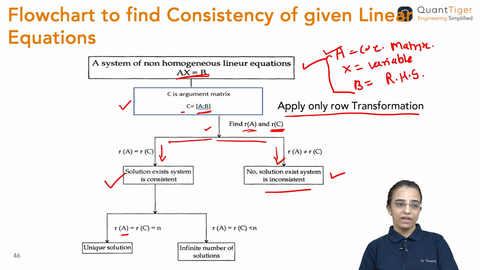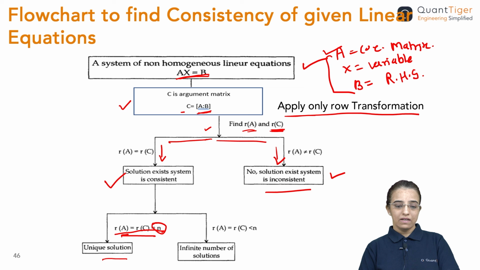If the row rank of A and the row rank of C is equal to the number of variables, which I have written here as n, where n is the number of variables given in the system of equations, like x, y, z or whatever, then we can say there is only a unique solution, one solution exists.